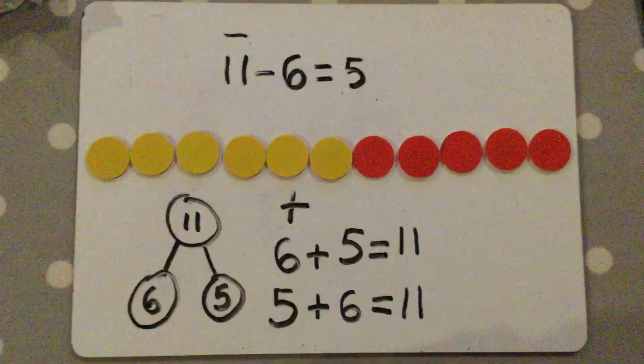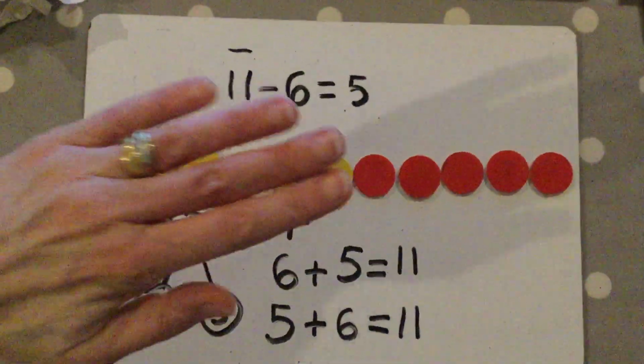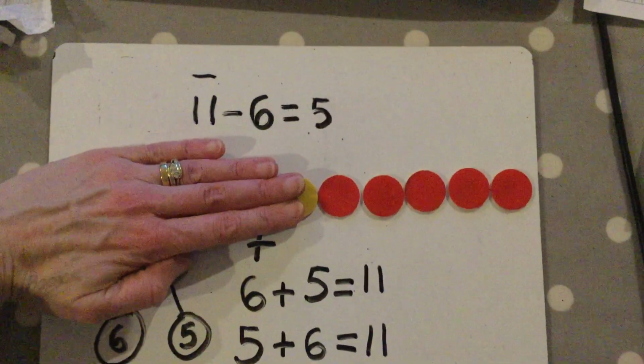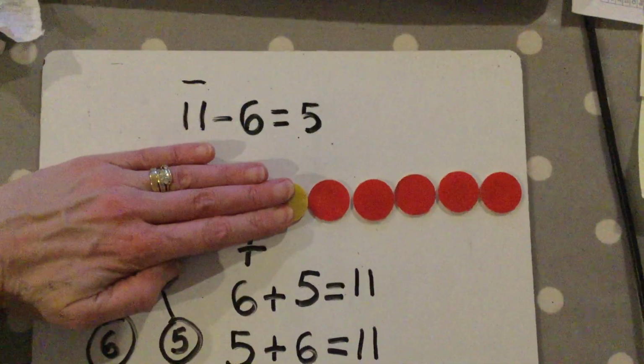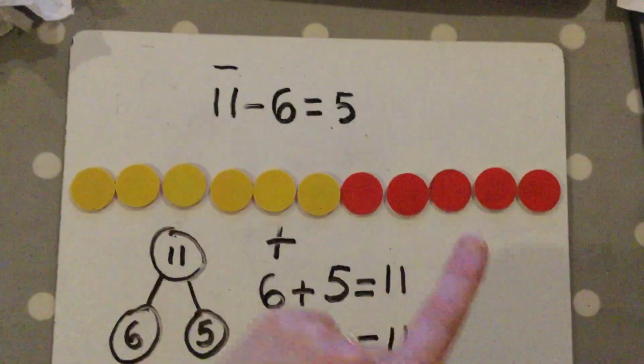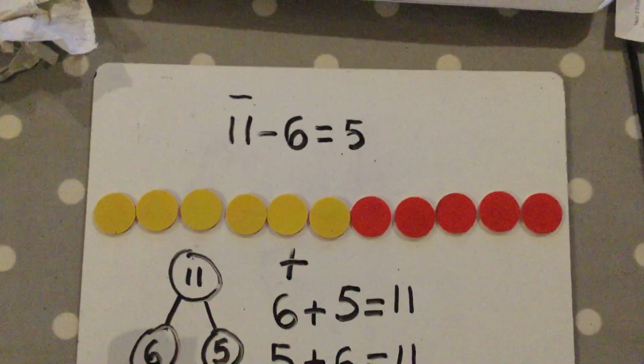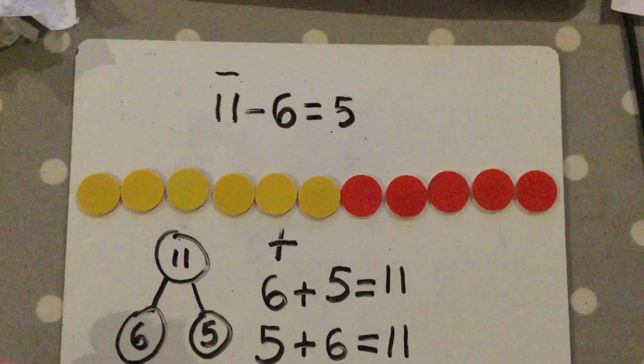So if I took away all those yellow counters, I would just have my red counters left. So we could say 11 subtract 6 is equal to 5.